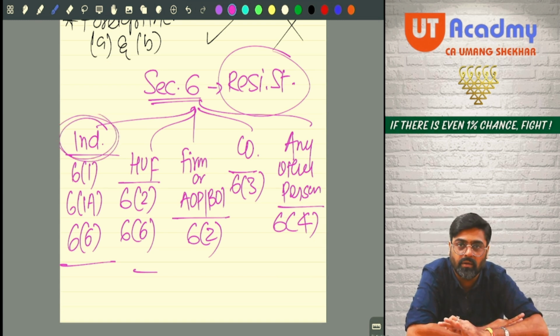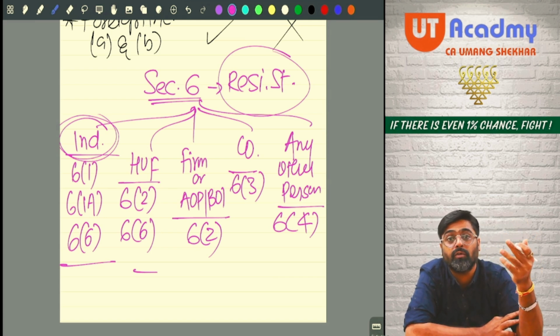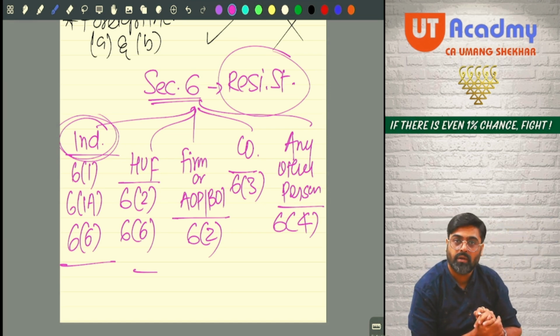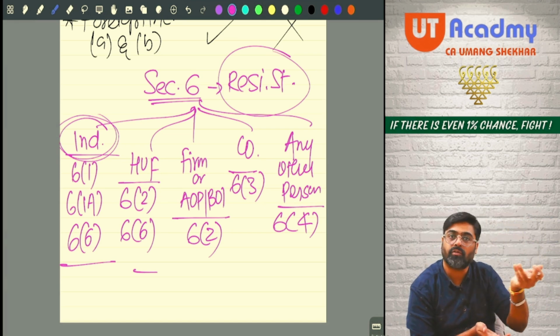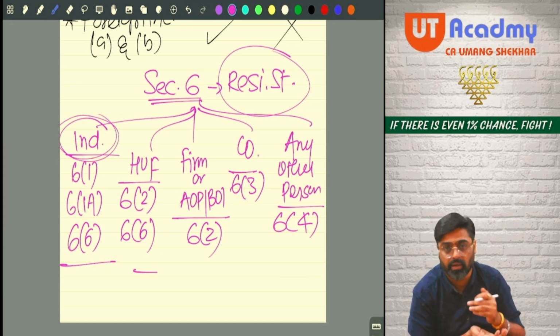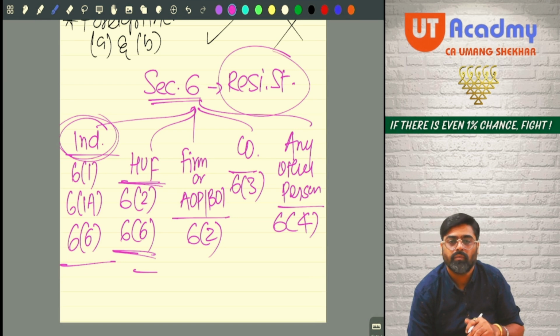Once we do that, then we will solve few questions on individual. How to determine the residential status of an individual. Whether whatever we have learned, we are able to apply that in the question or not. And we are able to identify the residential status of an individual or not. That is a basic thing which we have to learn. Okay. Then thereafter we'll do HUF. These two clauses we'll do. Very easy.